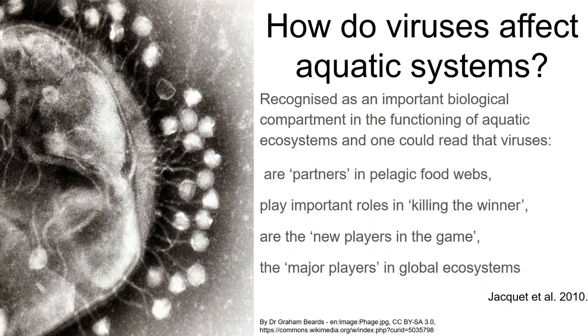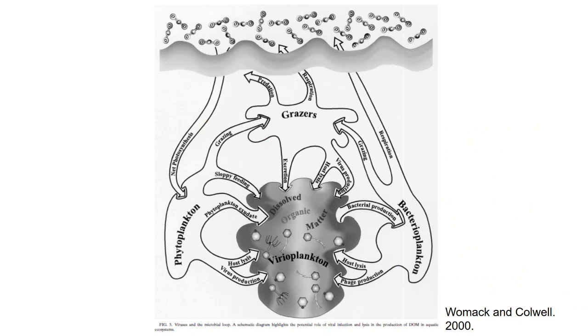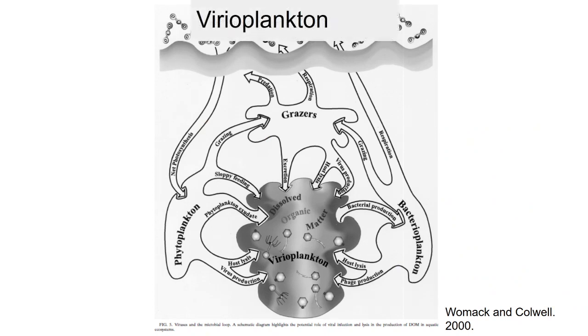So there are hypotheses that place these infective particles as a really important part of the functioning of aquatic ecosystems, to the point that there's a term, the virioplankton, that's been added to some models of aquatic food webs.